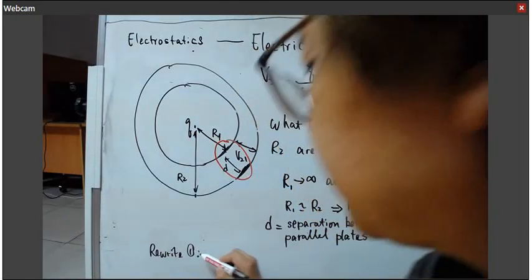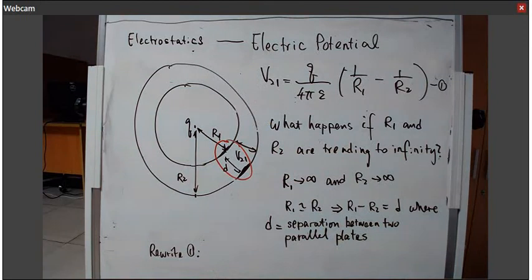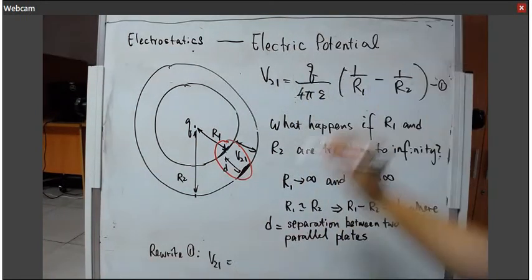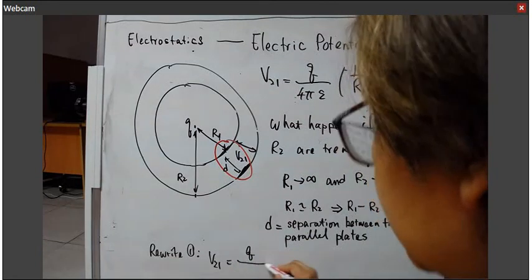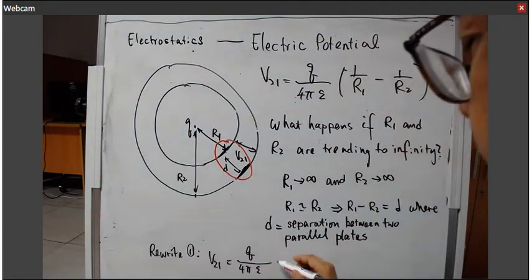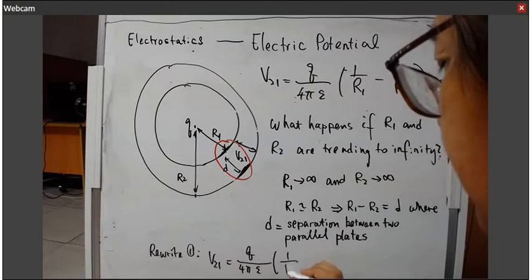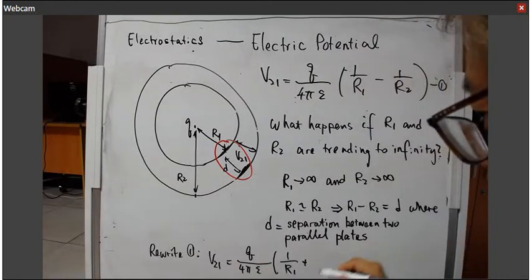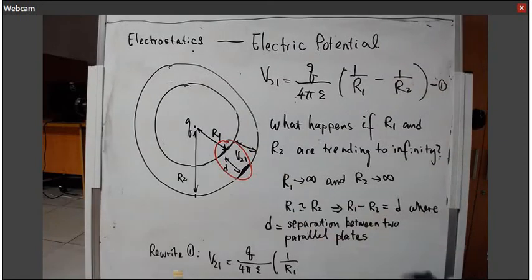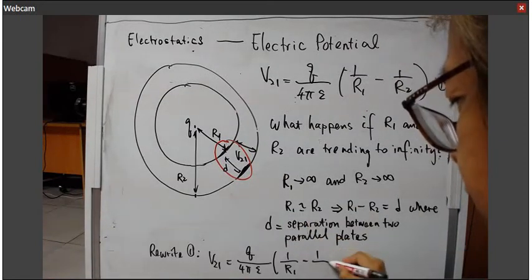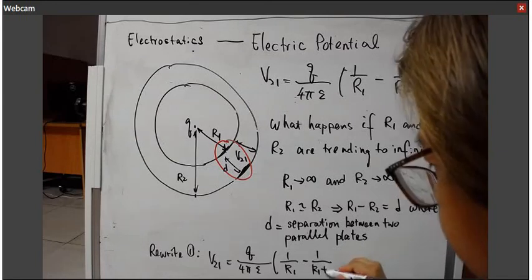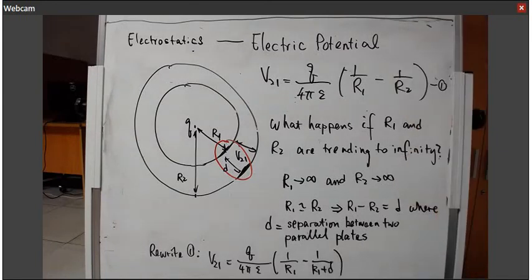It will become equation 2: V equals Q over 4 pi epsilon, and then 1 over R1 minus 1 over R1 plus D, for two parallel plates.